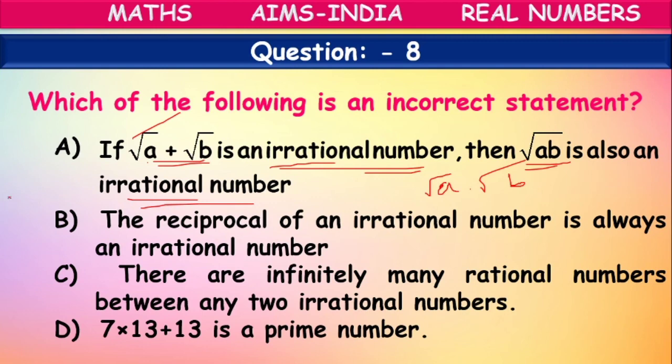Suppose here root A, if we have root 2 and root 5, then root 2 is an irrational number plus root 5 is an irrational number. Their sum also will be an irrational number.